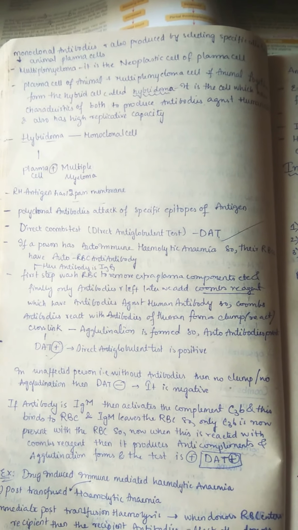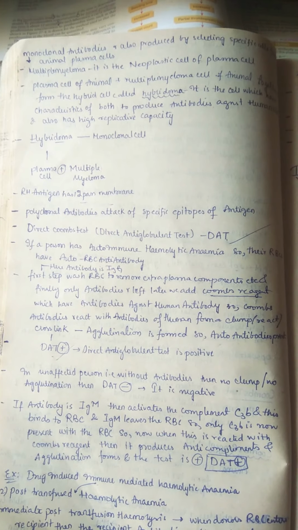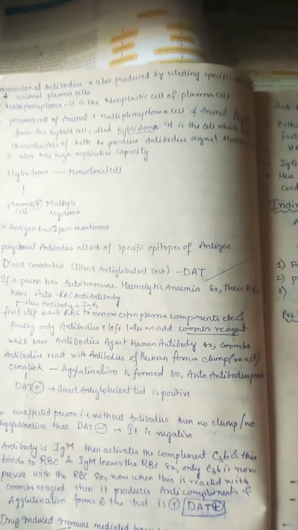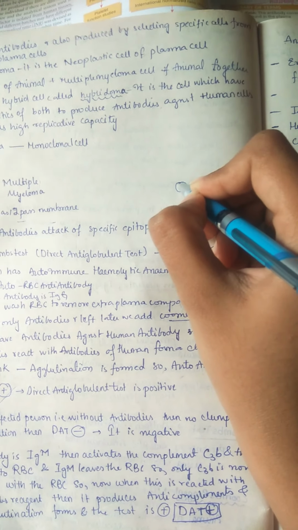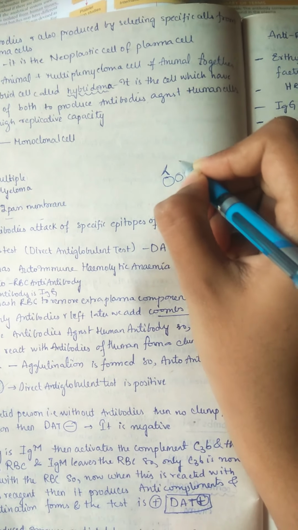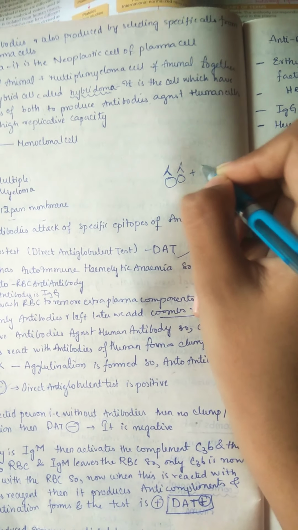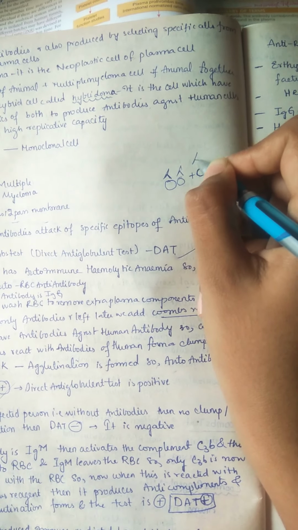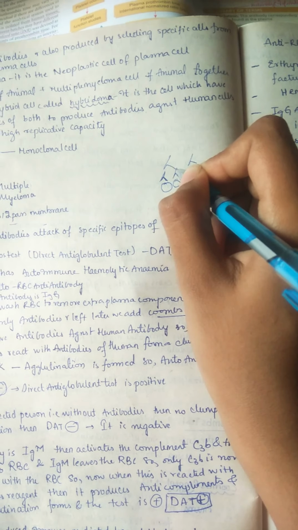For example, they may have some autoimmune disease, meaning they have antibodies against our own body. You can see this RBC with antibodies against our cells, along with our Coombs reagent. In Coombs reagent, there is one specific big antibody. It comes and clumps them together like this.